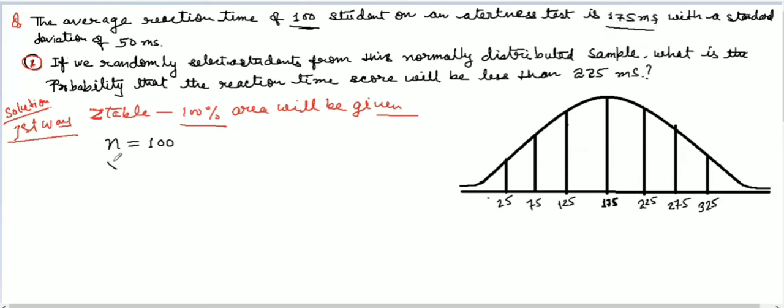So you have to write x bar equal to 175 milliseconds, with a standard deviation of 50 milliseconds. So they are just taking a 100-student sample, so we write the standard deviation as equal to 50 milliseconds.